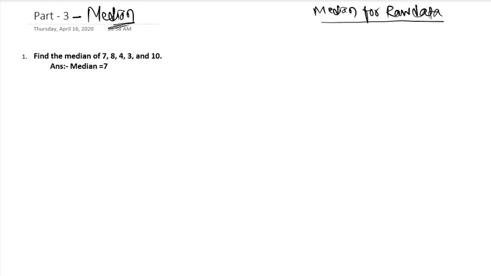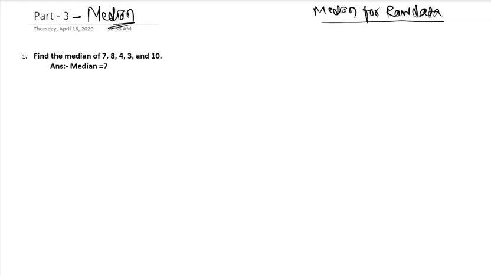First, understand the meaning of the word median. According to the textbook definition, median is the value of the middle term of a set of variables. Median is essentially the middle term when the variables of the set are arranged in ascending or descending order.